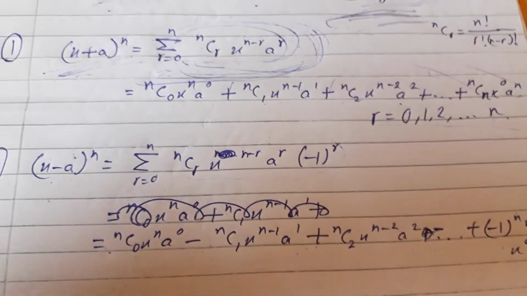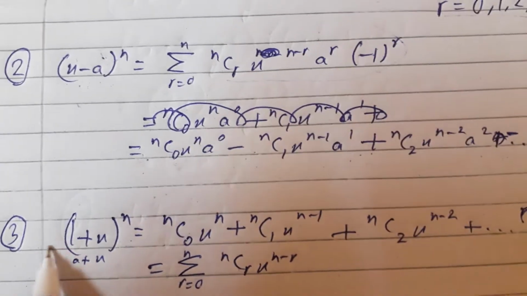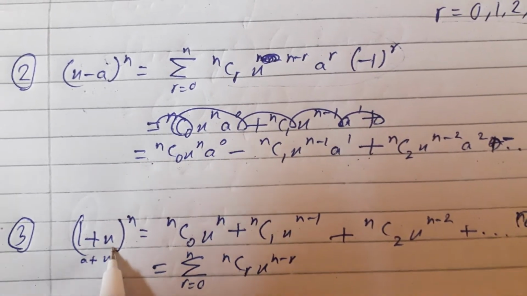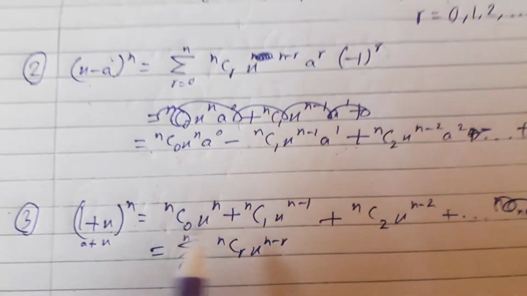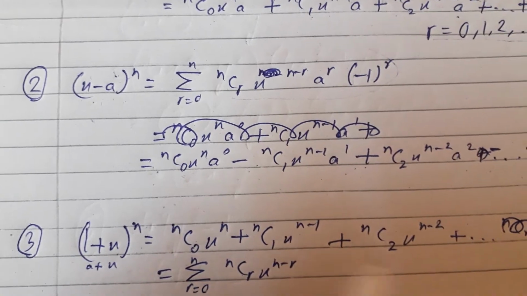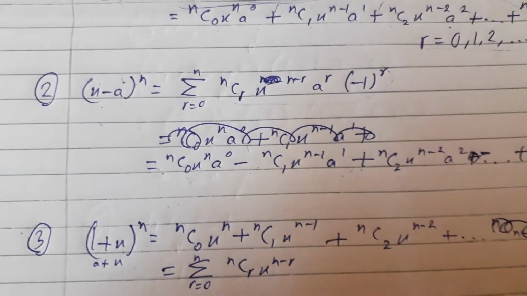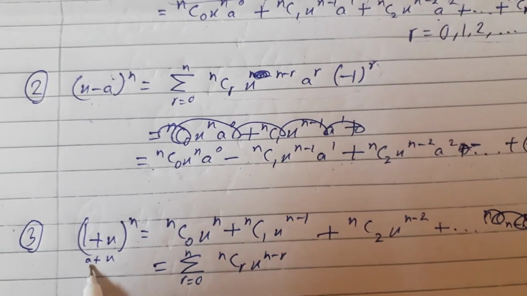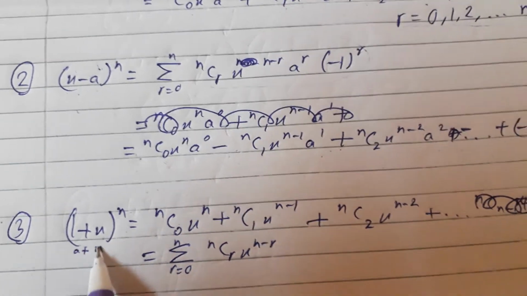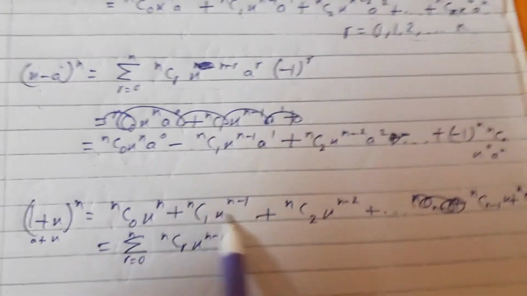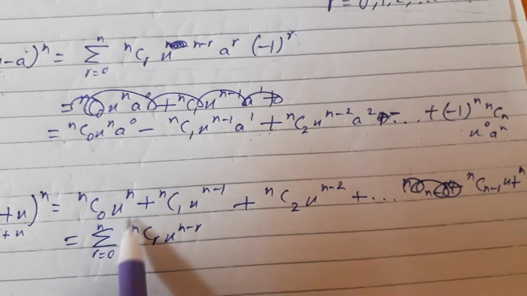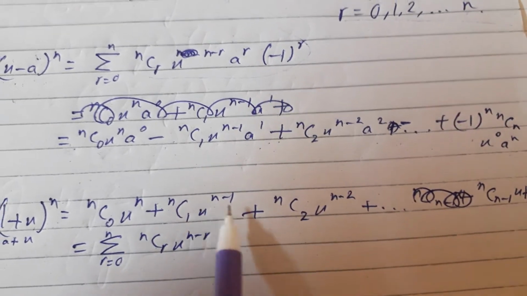Now the third one is (1 + x)^n. You can easily tell that if you take 1 as a and x as x, then we will get nC0 x^n + nC1 x^(n-1) and so on by this formula.